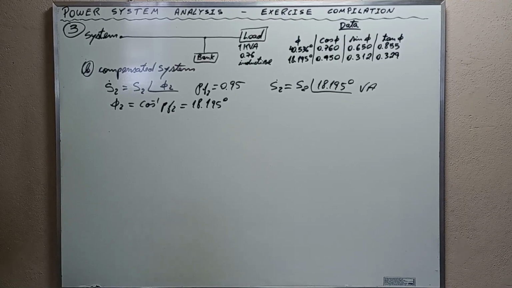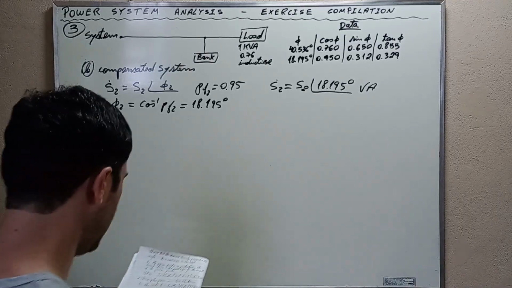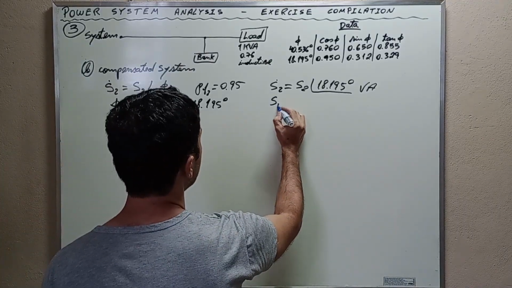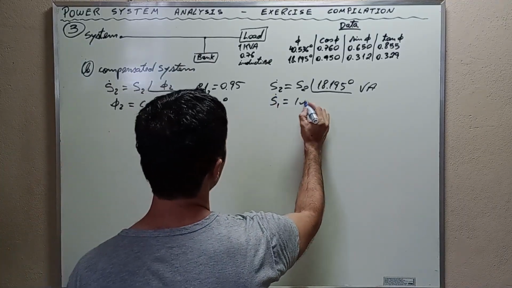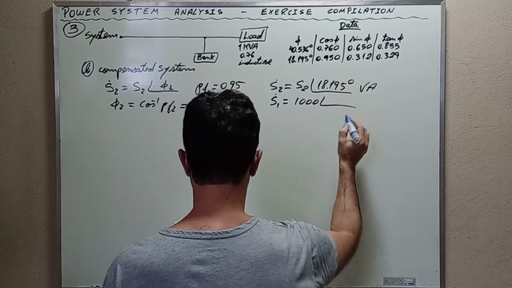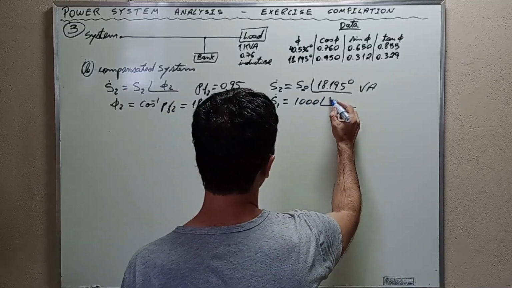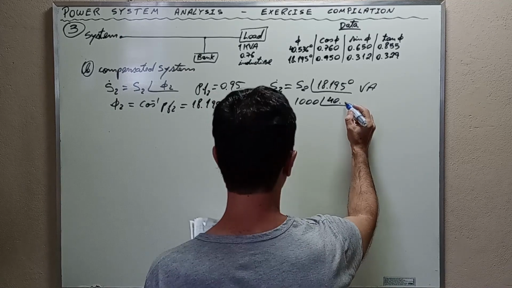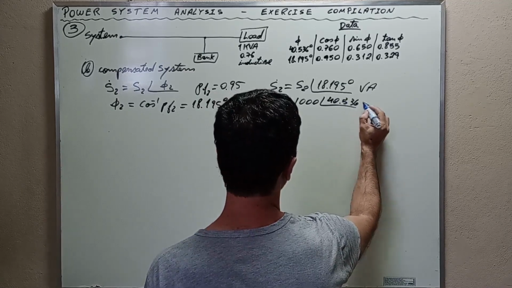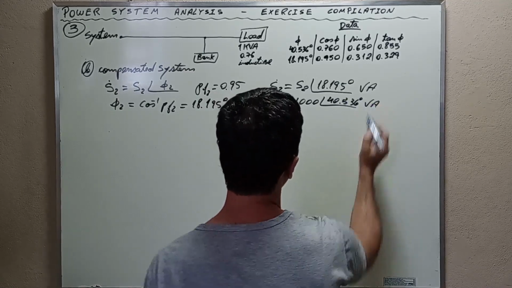And now returning to S1, remember that S1 was equal to 1000 phase 40.536 VA.